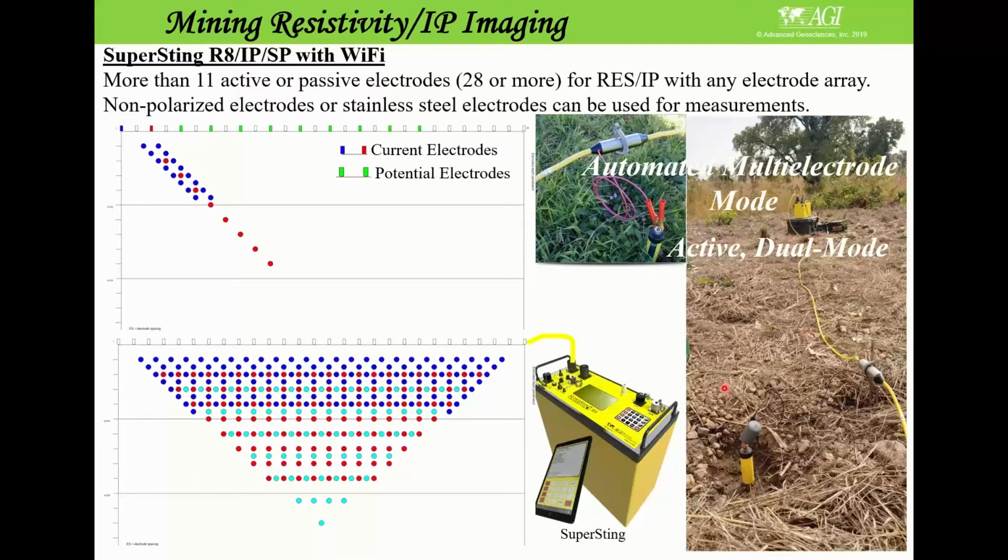Okay, if you have an active system, you really get the option of using these non-polarized electrodes, because this dual mode permits you to inject current through these stainless steel electrodes and then measure the voltage decay over here, separate from the non-polarized electrodes.